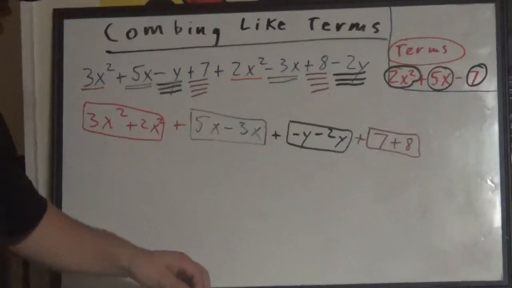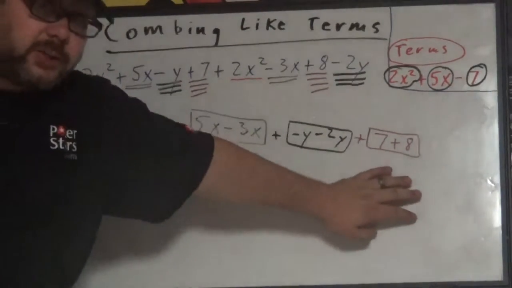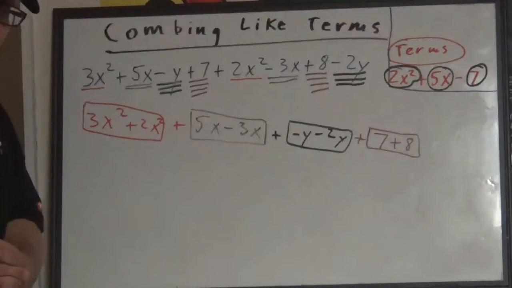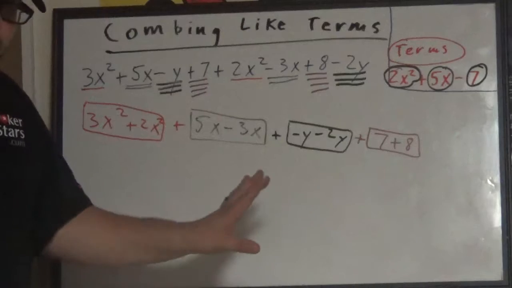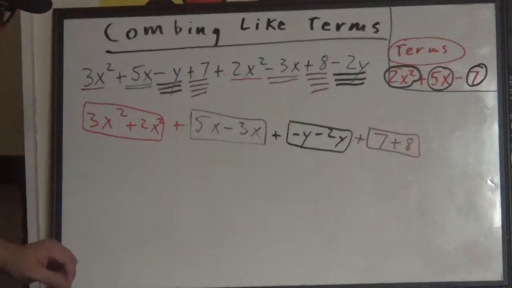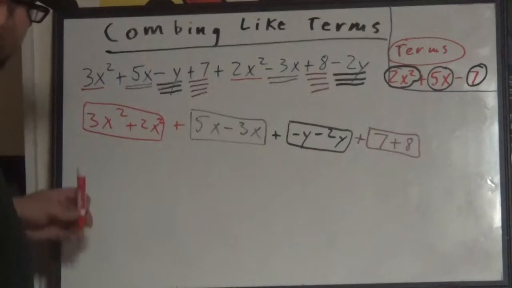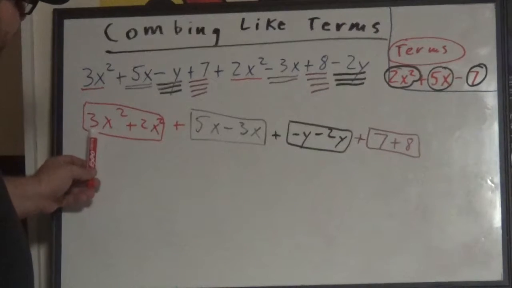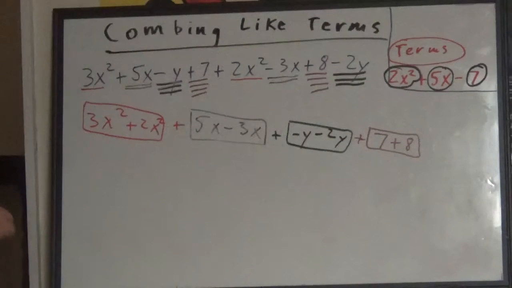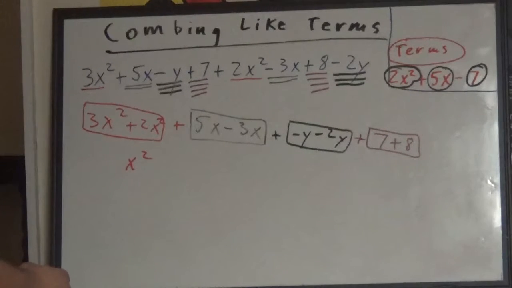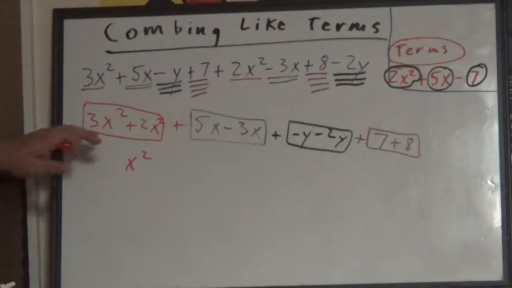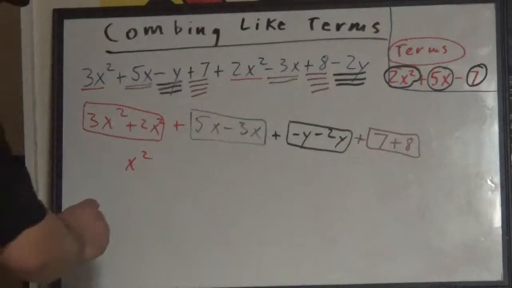So, I've put each of these in its own separate box in a different color to make it visually a little bit easier to comprehend. So, I'm going to start with my x squared box. My answer is automatically going to be some number of x squareds, because this is what we're adding. We're adding 3x squared plus 2x squareds.